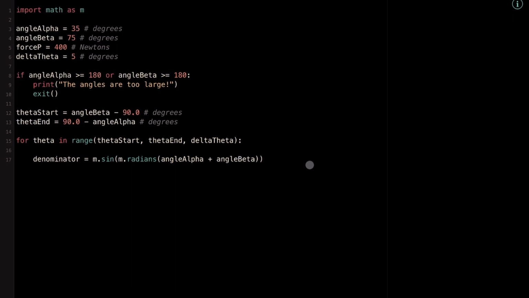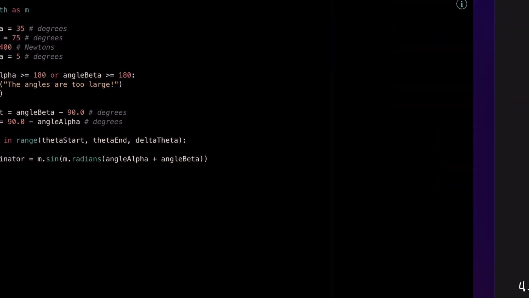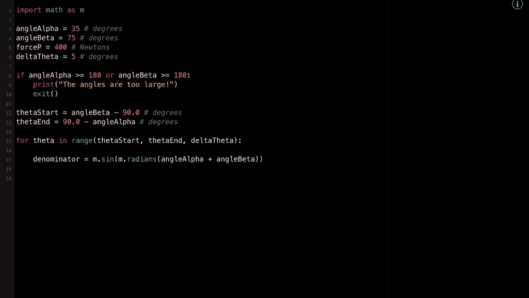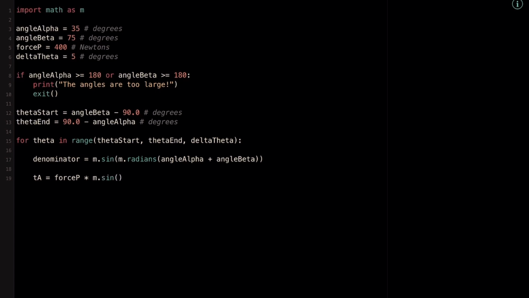Okay, so with that, I think we can start writing out the equations for tension A first, and then we can do tension B later. Tension A is going to be just our P value times the sine of 90 minus beta plus theta. So let's do that on the next line. I could say tension A is going to equal the force P times m.sin of, well, what was it?